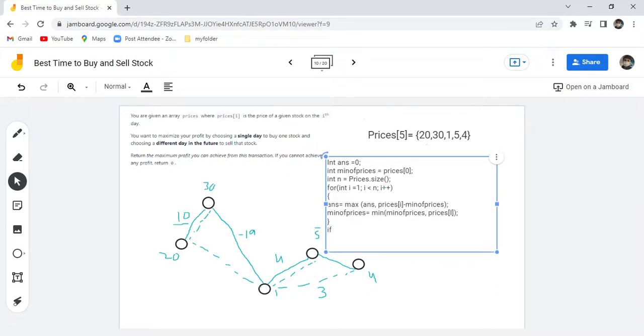So we will state that if our answer is less than zero, simply return zero. Else return the answer.